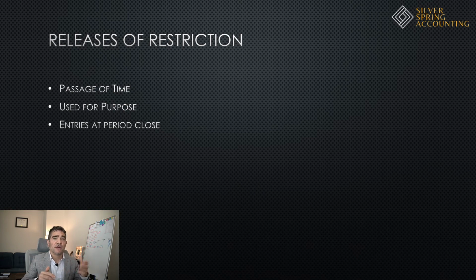Or earlier, if we had received funds with the stipulation that we use it in 2023, then once 2023 hit, that would be released and would be part of our net assets without donor restrictions. So we could use it for whatever, as long as there wasn't a purpose also attached to it.